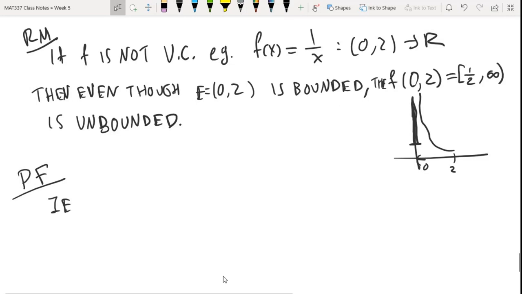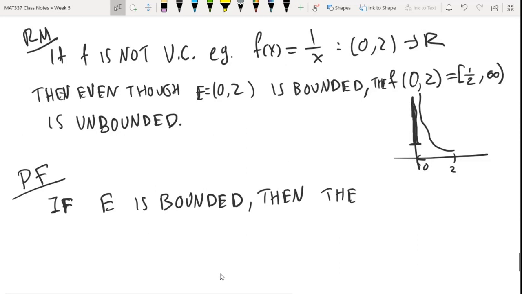If a set E is bounded, then the closure, meaning E bar equal to E union boundary of E, is also bounded.